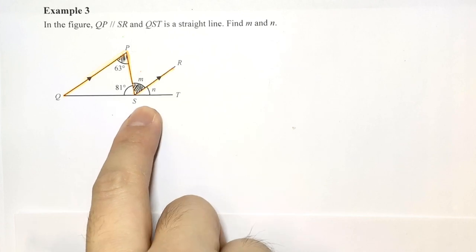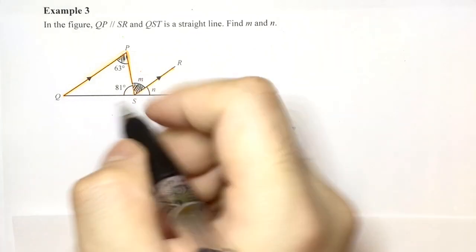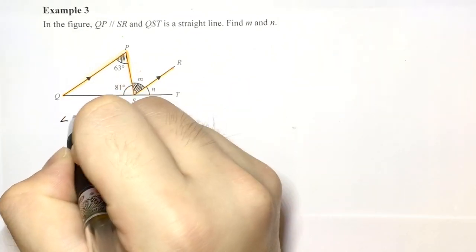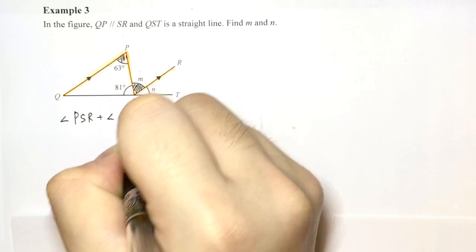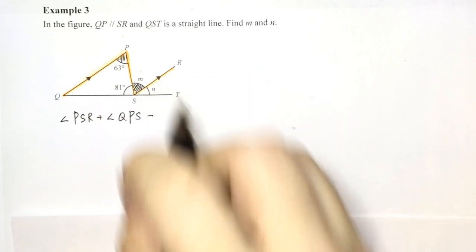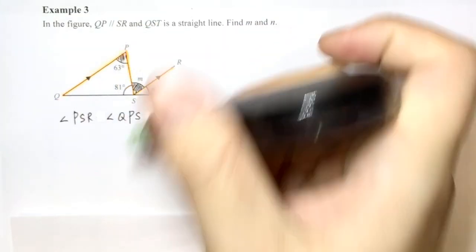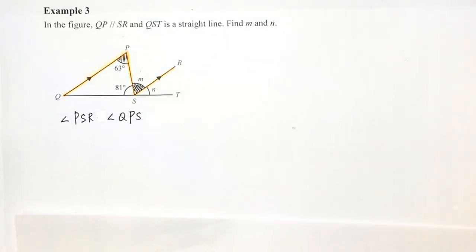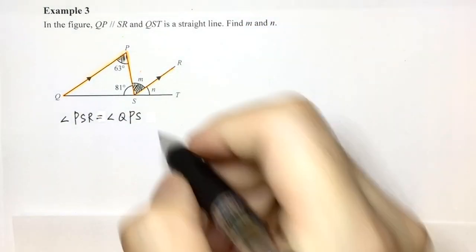As long as you can write the name of the angles, you need to write the names. So we have angle PSR and angle QPS, they should be equal. Angle PSR is equal to angle QPS.